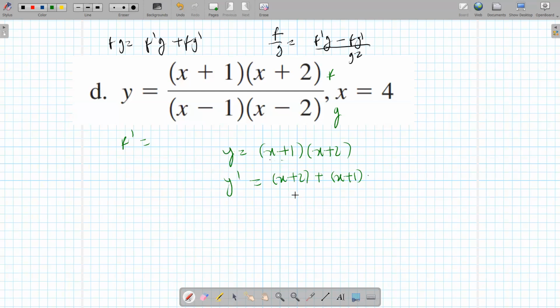So actually you can combine these two. f prime will become 2x plus 3. See that, x plus x, 2x, 2 plus 1, 3. Similarly, we're going to do the same thing in the denominator, and you'll see that it's not that difficult. x minus 1, x minus 2, right? So tell me what's y prime if this is y.